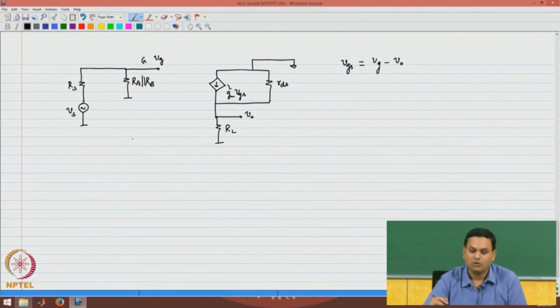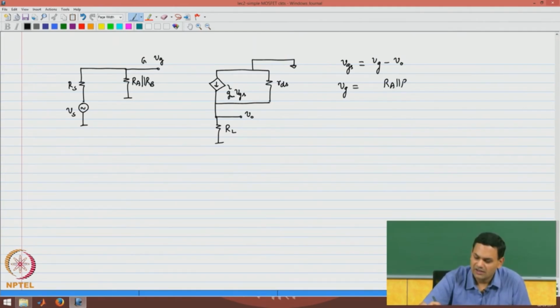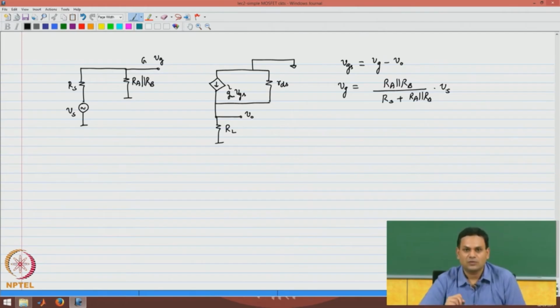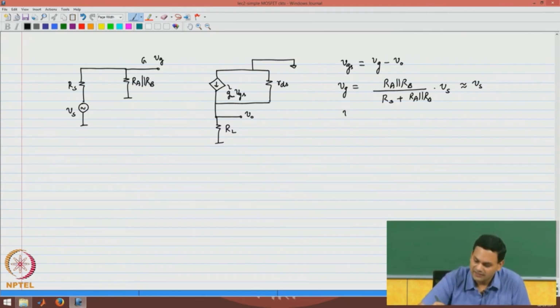So, now we need to figure out what vg is. vg is RA parallel RB by RS plus RA parallel RB times vs, and as we know, normally we want all of the input voltage source to appear at the gate, and we will say this is approximately equal to vs. And we know that will happen when RA parallel RB is chosen to be much larger than RS. In this case, vgs is approximately equal to vs minus vo.